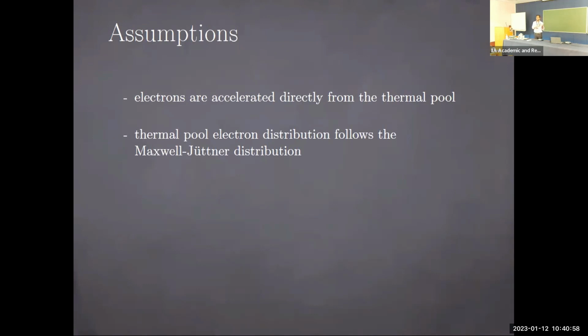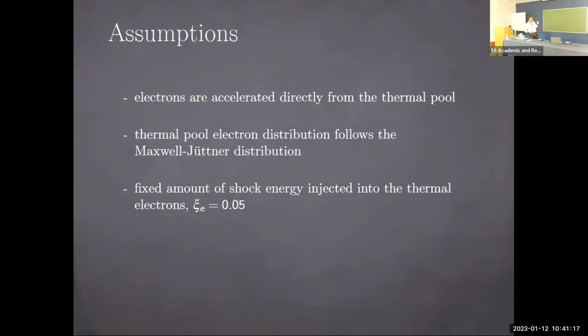Because this is just a relativistic correction to the Maxwellian distribution. Since our systems are at temperatures of 10^7 to 10^8 K, the particles have some momentum in the relativistic region also, so we want those corrections. And the fixed amount of energy which goes from the shock to the non-thermal part is about 5%, which we assume.